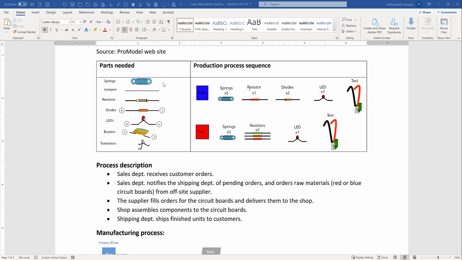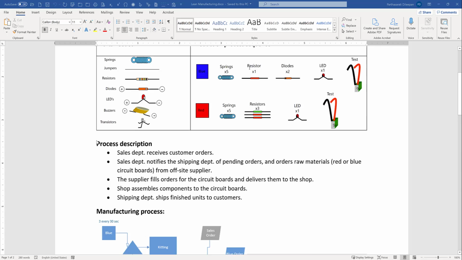So here we have two different processes, the production process and the sales order process. Then there are some interfaces between them, and we're going to make some simplifying assumptions, and then we're going to simulate this process. And the objective is to maximize or improve our productivity, reduce the cycle time and reduce cost.